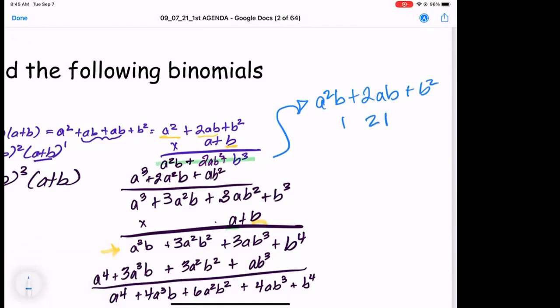What are our coefficients on A plus B cubed? One, three, three, one. Do you see the pattern? So when we are expanding by Pascal's triangle, we can use the triangle to find our coefficients and then multiply it by everything else. Okay.